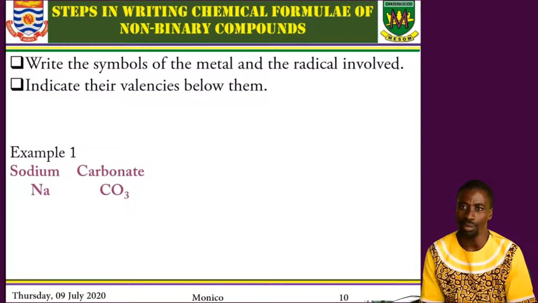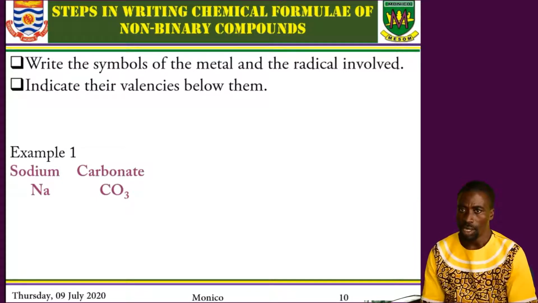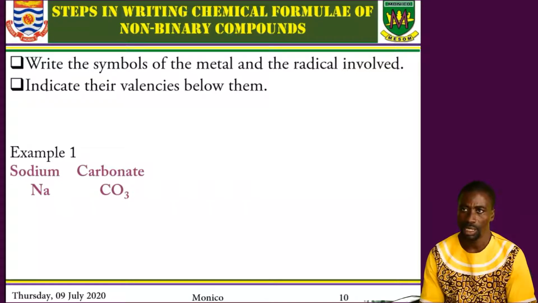So whoever is coming to form a bond with the carbonate compound, CO3, should provide the 2 electrons, right? And so the 2 electrons that the group needs to be complete become its valency. And so the valencies are 1 and 2, 1 for sodium and 2 for the carbonate compound. Good. I hope it is clear to you.